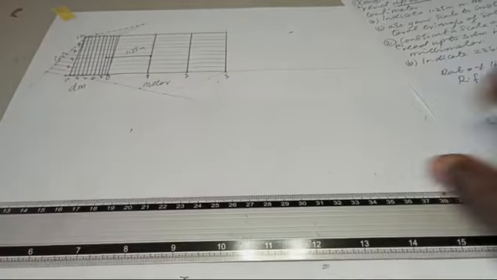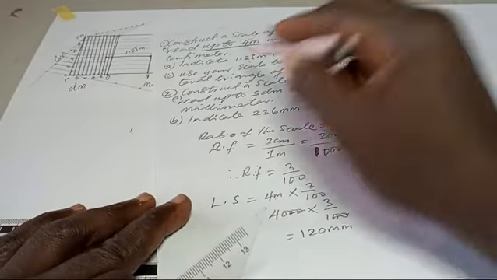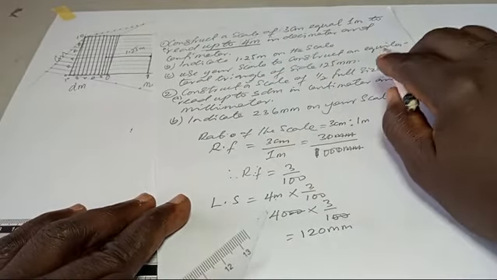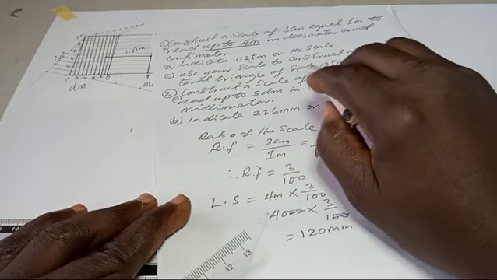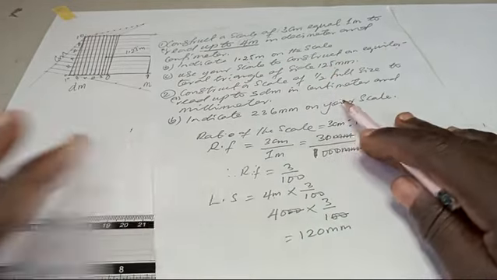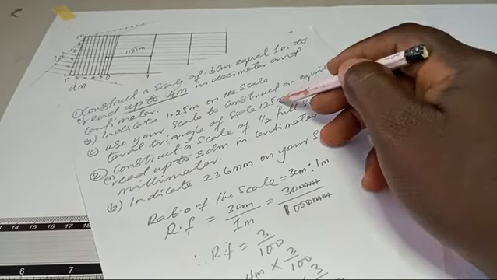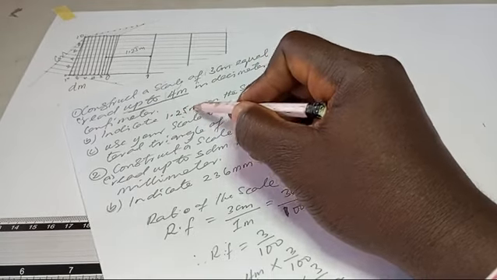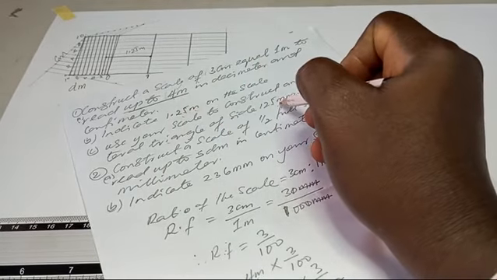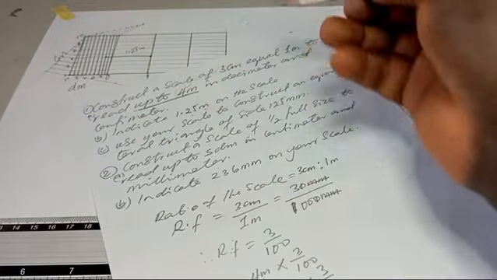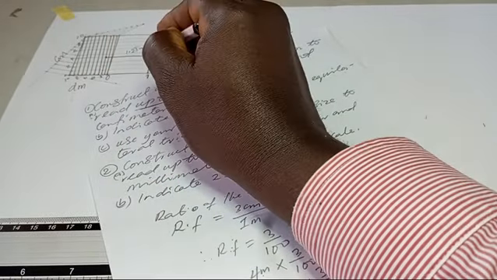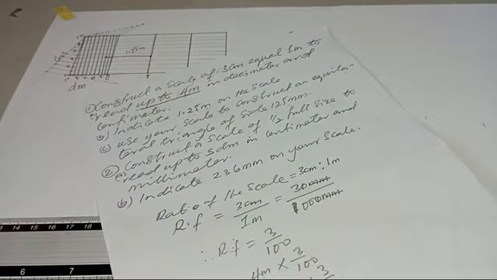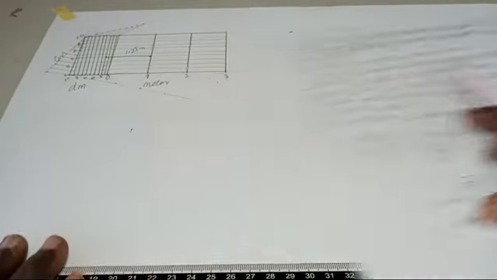And the last part of the question says that you should use your scale to construct an equilateral triangle of side 125 millimeter. Now don't get confused. 125 millimeter is the same thing as 1.25 meter. If you convert it, it will give you the same thing. So definitely what it means is that this length from here to here is the length of the side you are supposed to construct for the C part of the question.